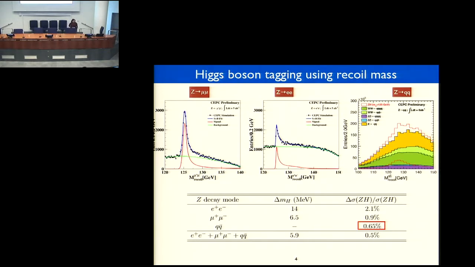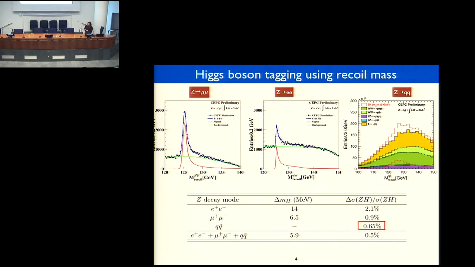All right, so in the next few slides, I will summarize some of the classical measurements, which you have probably seen in previous talks, and some of the technical details will also come in the next two talks. So let me begin with the recoil mass. One of the key advantages at the CEPC is that you can measure the recoil mass precisely, so you don't have to reconstruct what decay channel the Higgs goes to.